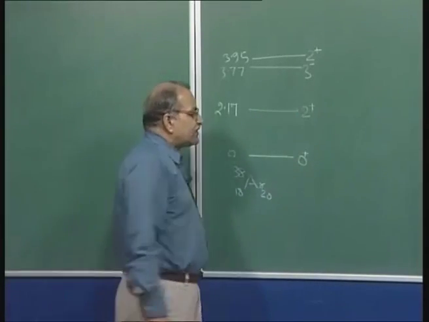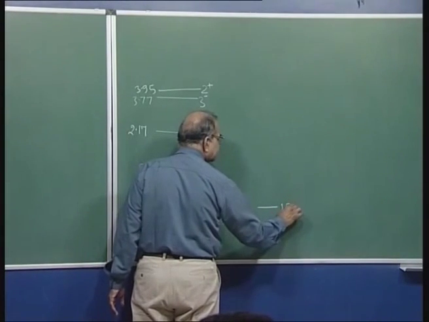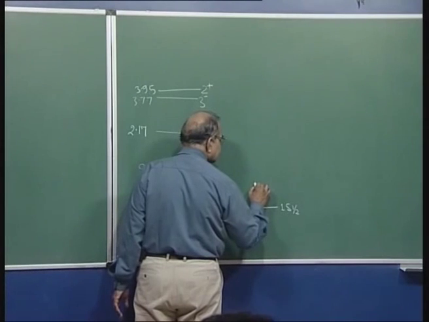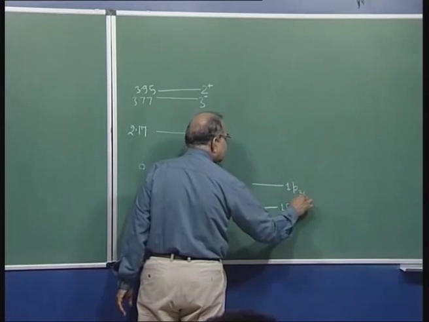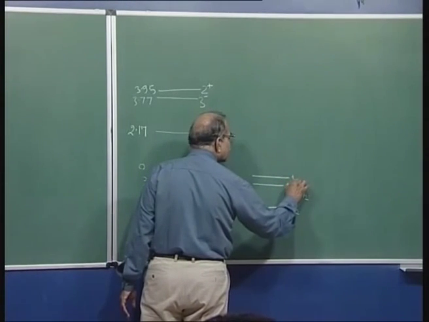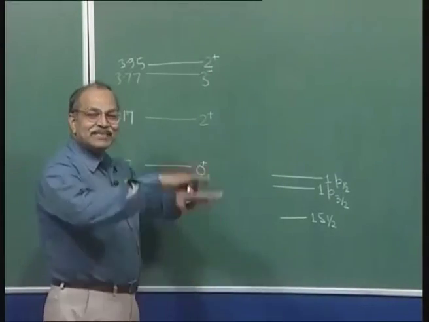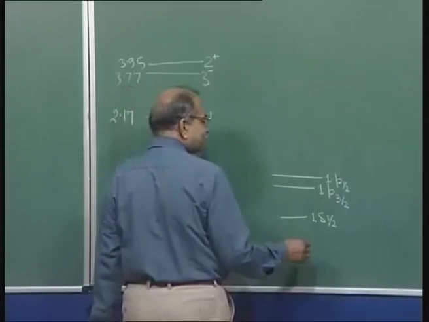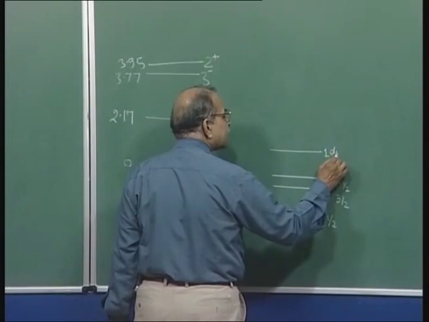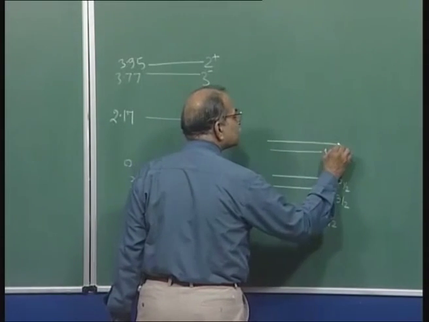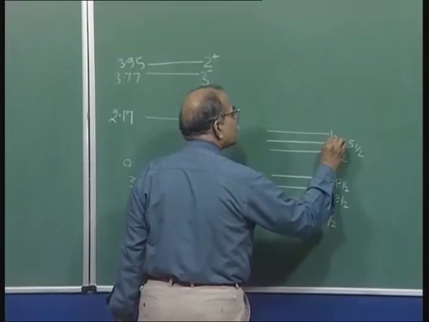Let us draw that shell model level diagram. The lowest one is 1s 1/2, next is 1p, very good. By this time you remember all these low lying levels at least. Next 1d 5/2, then 2s 1/2, then 1d 3/2.